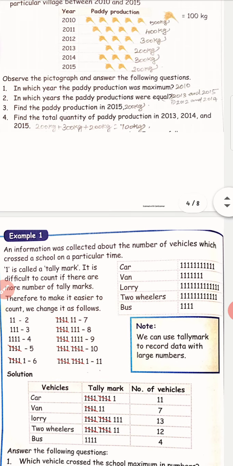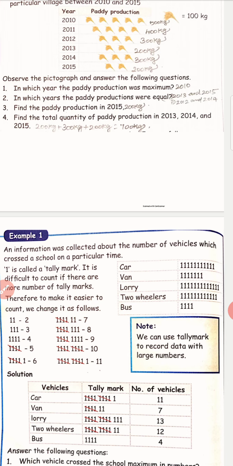write the answers. First question, in which year was the paddy production maximum? Maximum means high. So which year has the highest production? 2010. The next one, in which years were the paddy productions equal?